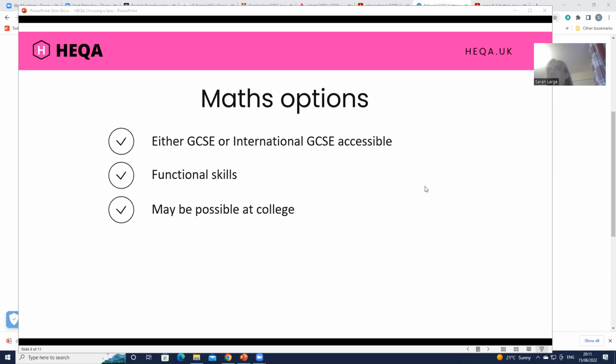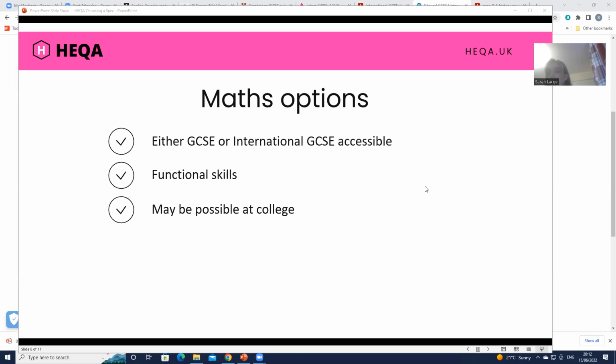There are two specifications offered by Edexcel for international GCSE maths. You want to do specification A in the UK. There's specification B, which is generally set abroad. And the resources you buy, the textbooks you see posted, are all written for specification A. So that is the one to do.